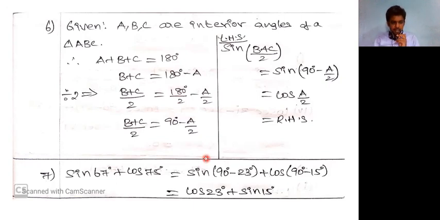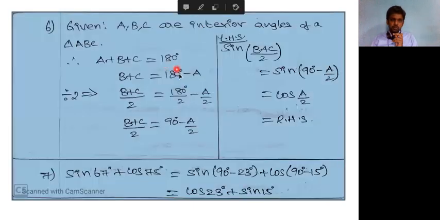If A, B, C are interior angles of a triangle ABC, then show that sin((B + C)/2) is equal to cos(A/2). We know that the sum of all the angles in a triangle is 180 degrees. So A plus B plus C is equal to 180 degrees.